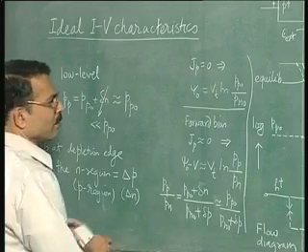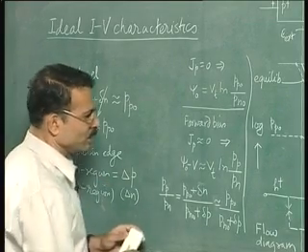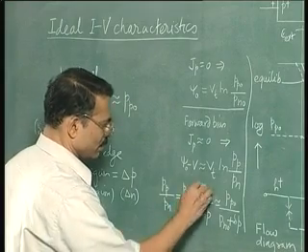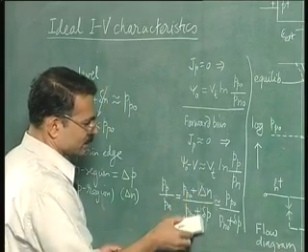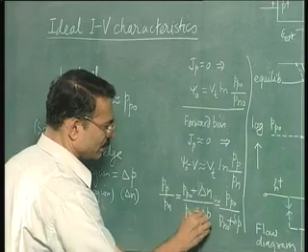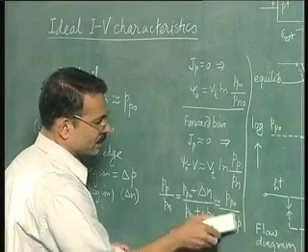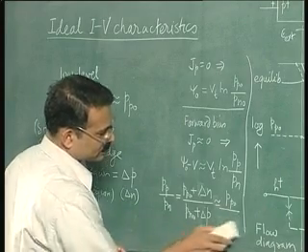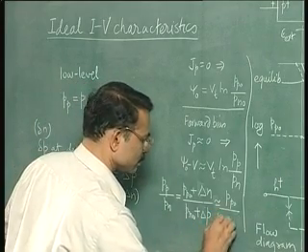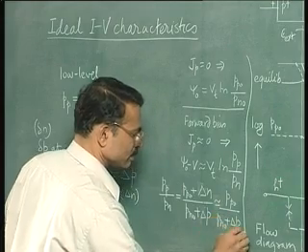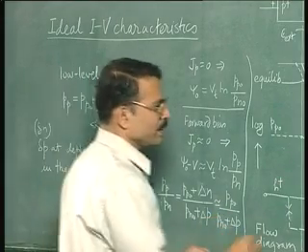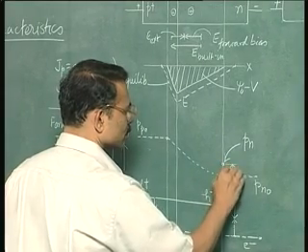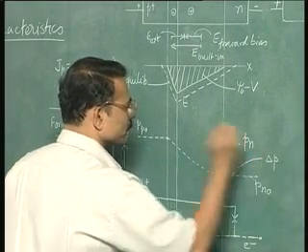So with this symbolism we can replace this delta N by capital delta N and this by capital delta P and this by capital delta P. So in other words, this difference here is capital delta P.